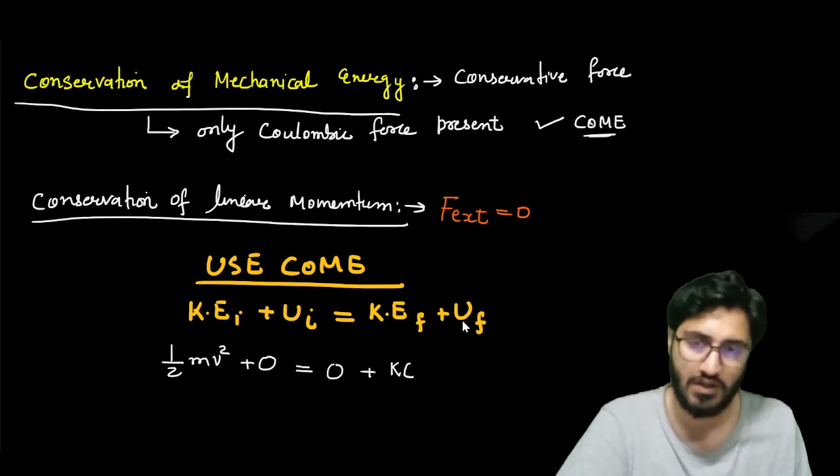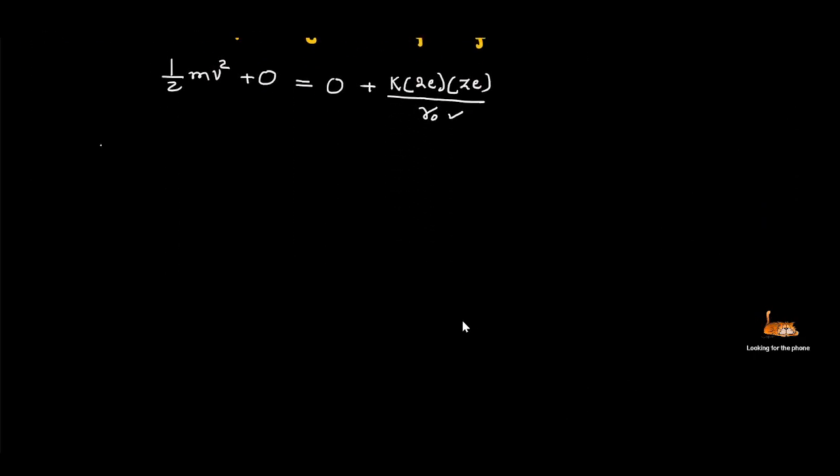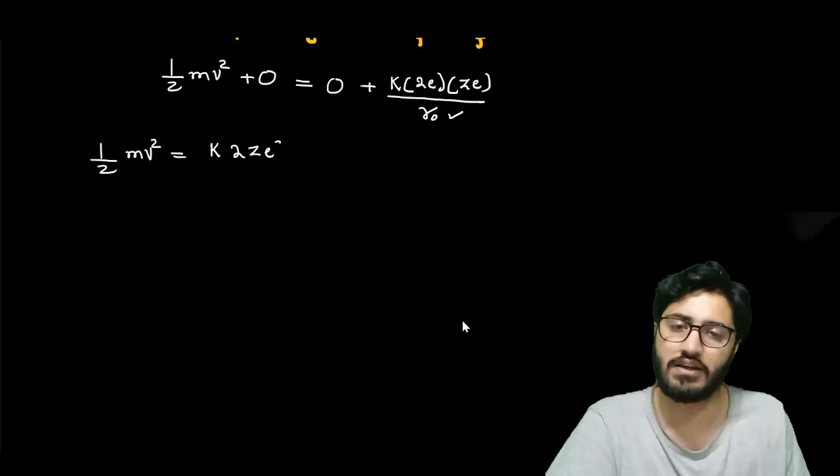Q1 is how much? Alpha particle, that is 2e. Q2 is Ze, divided by the distance R naught. So we have to find this R naught. I can write 1 by 2 mv square equals K into 2Ze square by R naught.